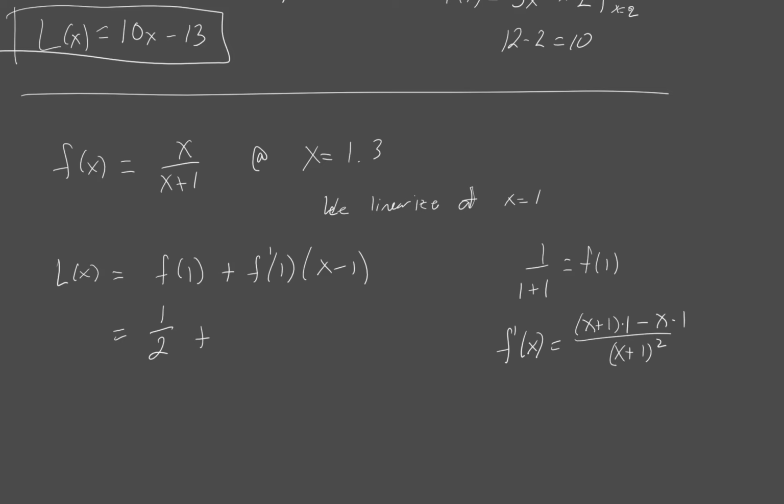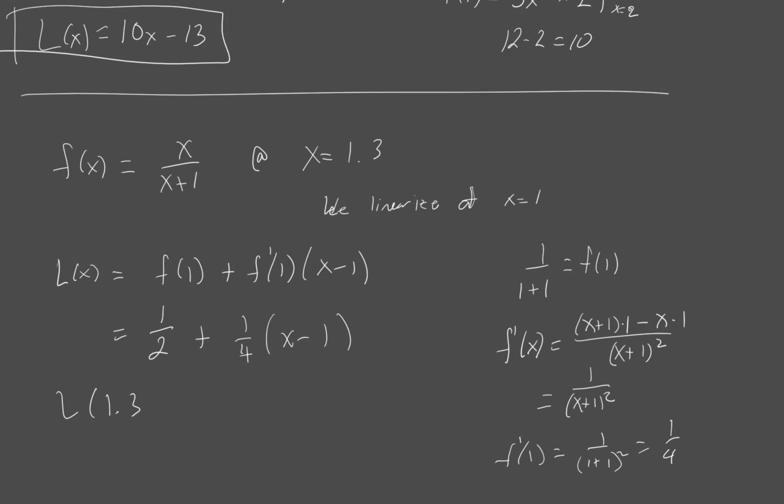So I've got an x plus 1, a minus x, so the x and the x cancel. This is just going to be 1 over x plus 1 squared. If I plug 1 in there, I get 1/4. So f prime at 1, 1 over 1 plus 1 squared, is 1/4. And then I have x minus 1. So I'm going to take 1/2 plus 1/4 of x minus 1.